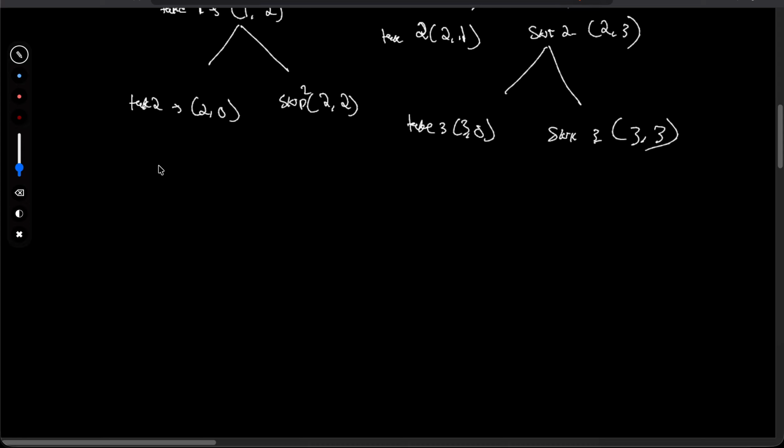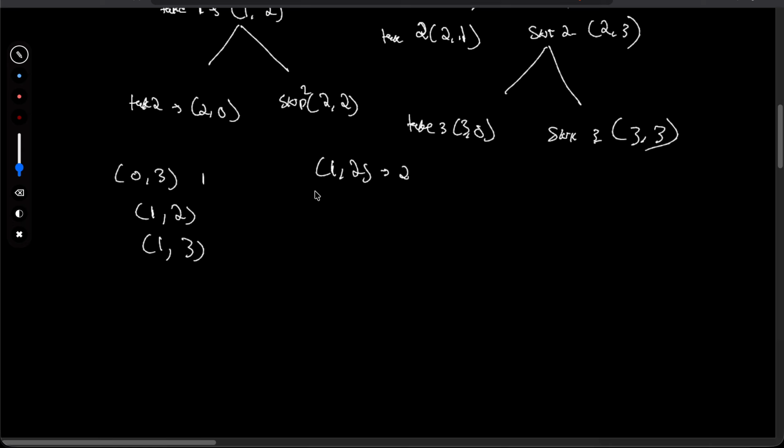Let's see. Step 0, number is 1, so take 1 means new target 2. If we skip, target stays 3, it looks like 1 comma 3. In step 1, if we take 1 comma 2, the number is 2.